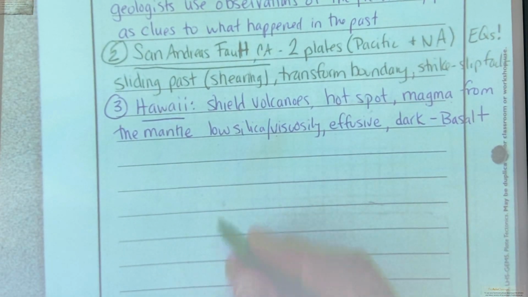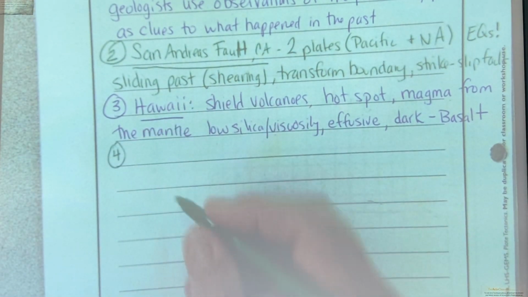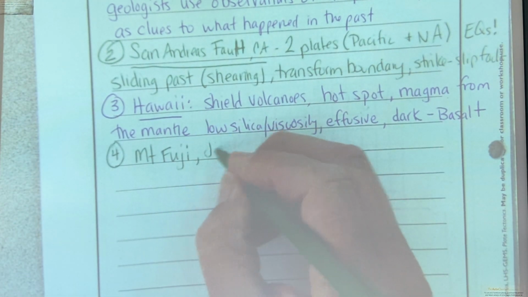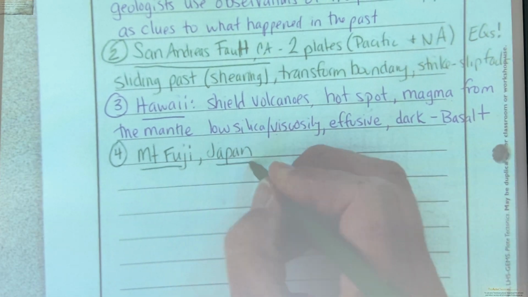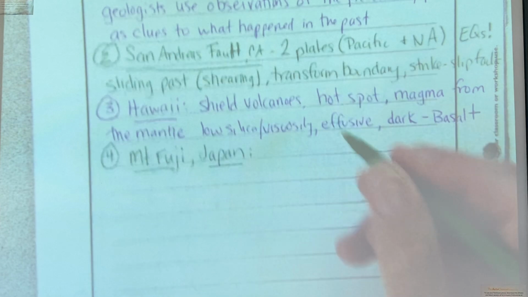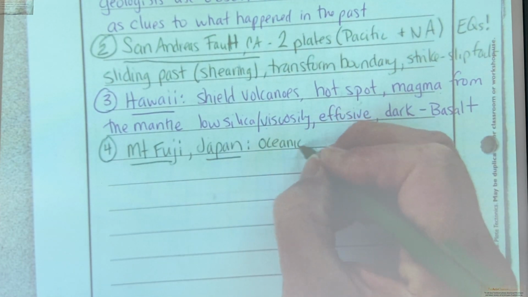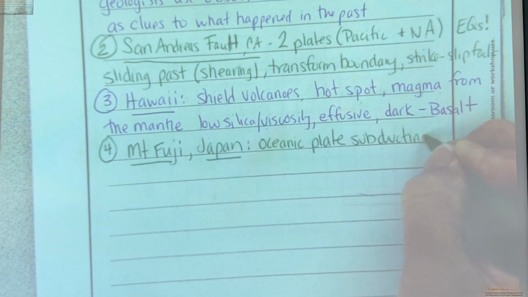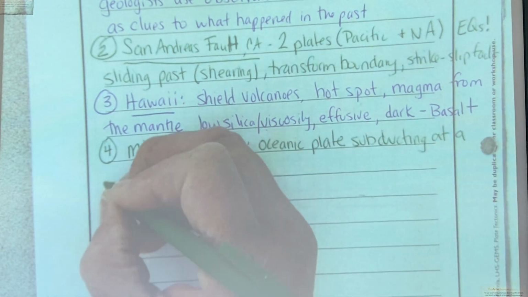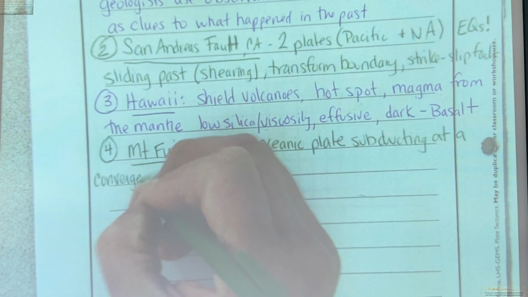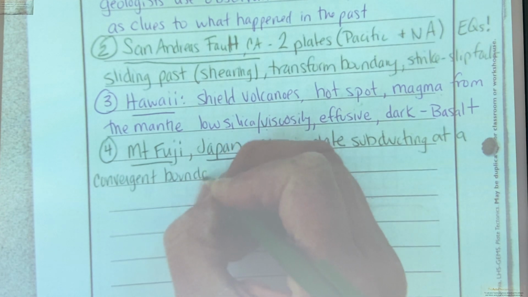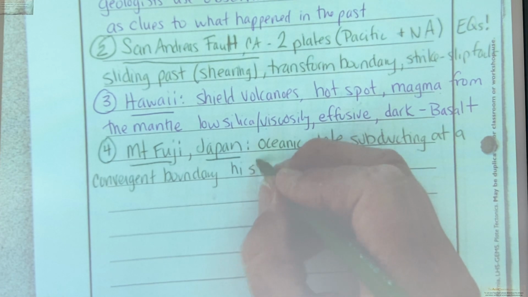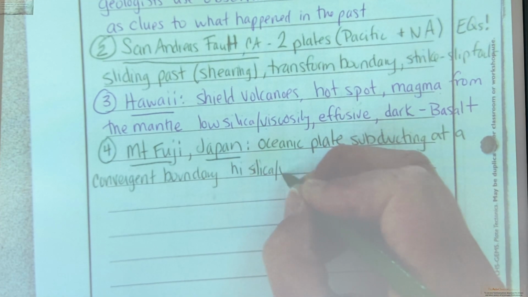Next trip, we went to Mount Fuji in Japan. And it is where we see an oceanic plate subducting at a convergent boundary. It has high silica and viscosity.